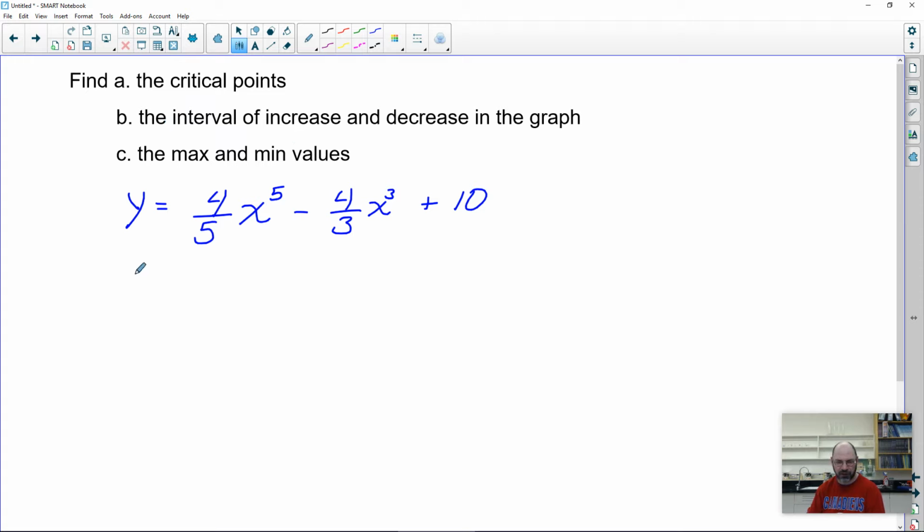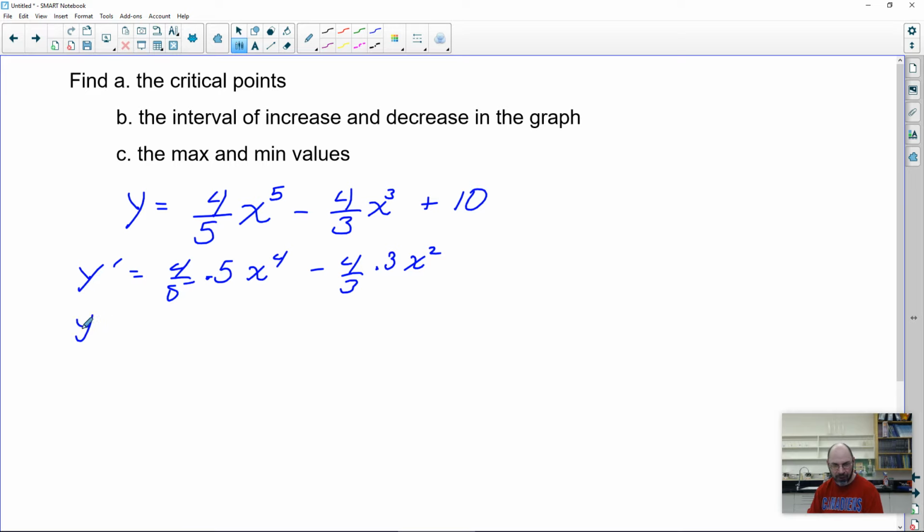So there's our original curve, so we've got to do the derivative here. So we go 4/5 times 5x to the 4th, and then minus 4/3 times 3x squared, plus 0.